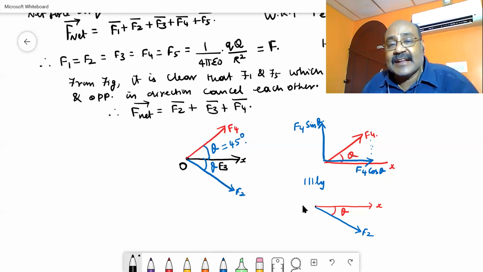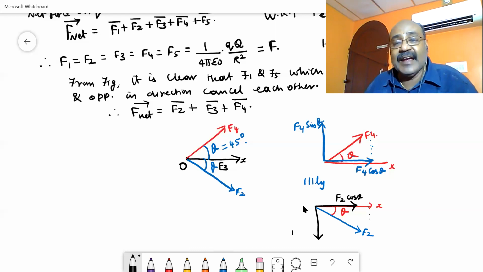Let us consider the horizontal component along the x-axis and the vertical component perpendicular to it. The horizontal component is adjacent to theta, so I am writing it as F2 cos theta. And the vertical component, which is opposite, we can say is F2 sin theta.